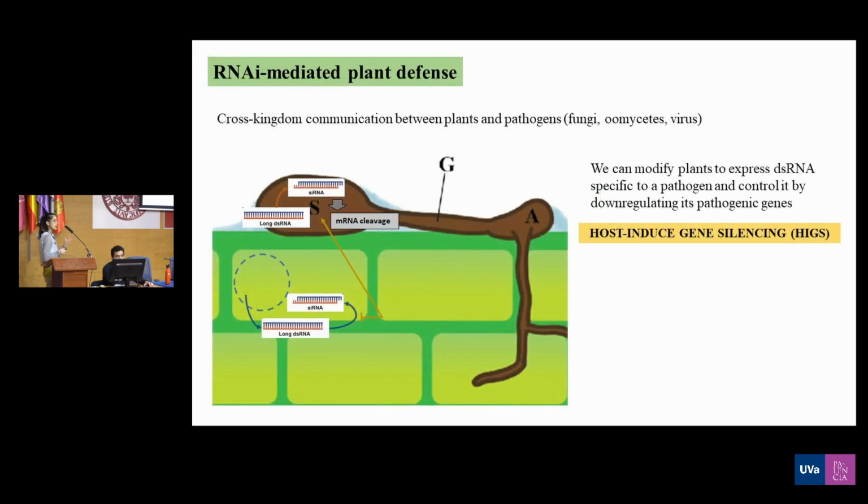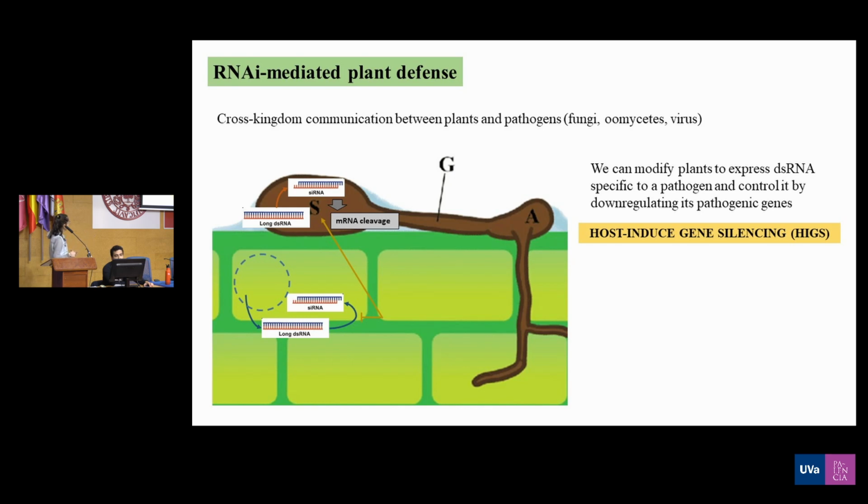So how can we make use of these cellular mechanisms? Basically, we can modify plants to express double-stranded RNA specific to pathogens and control them by downregulating pathogenic genes. And how does it work? As I told you, the double-stranded RNA can be produced by the nucleus of the cell.